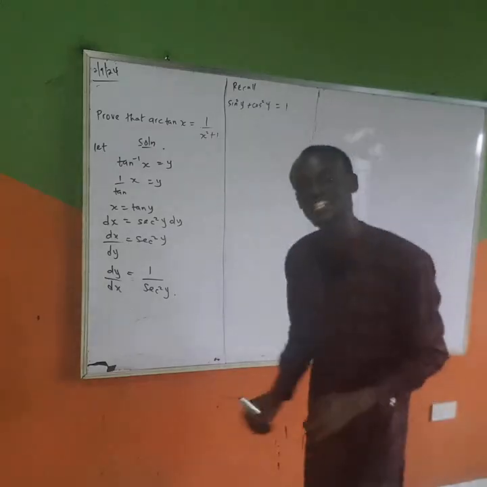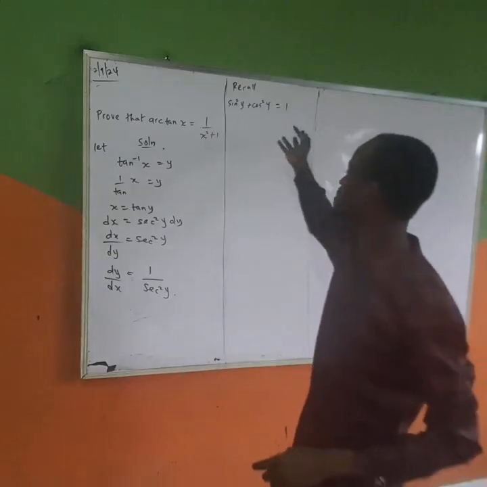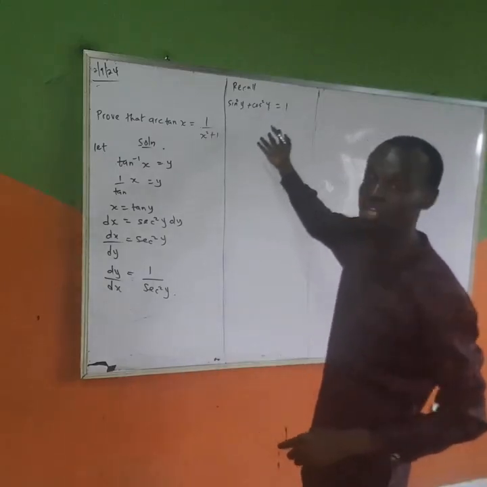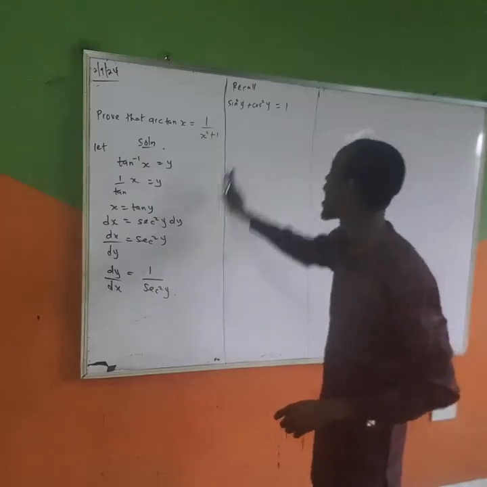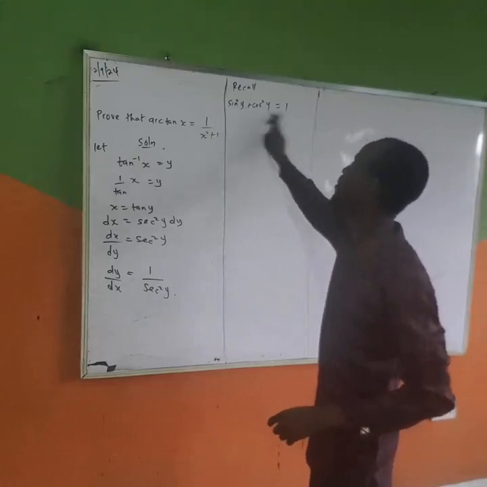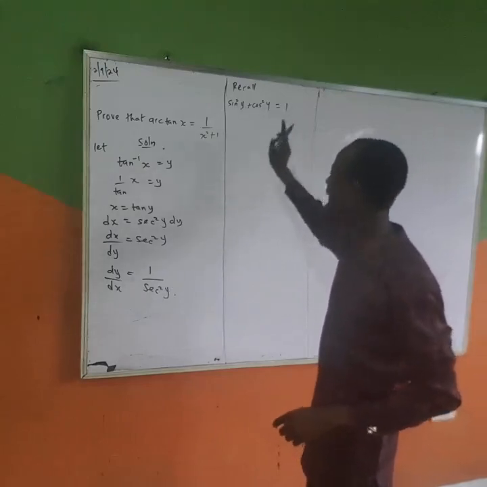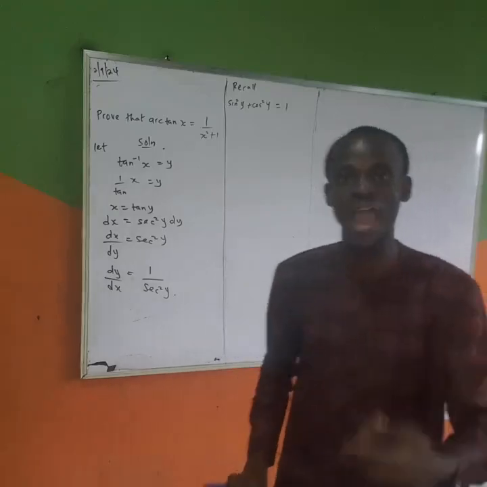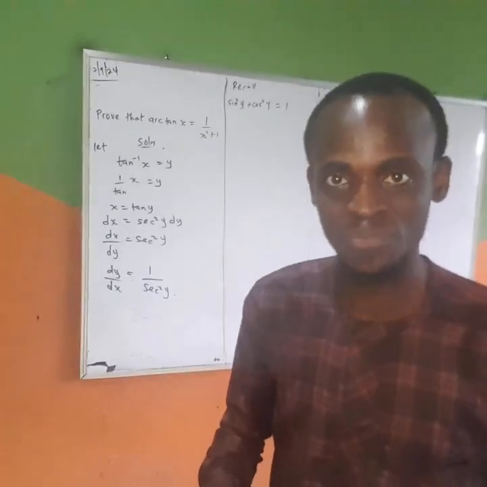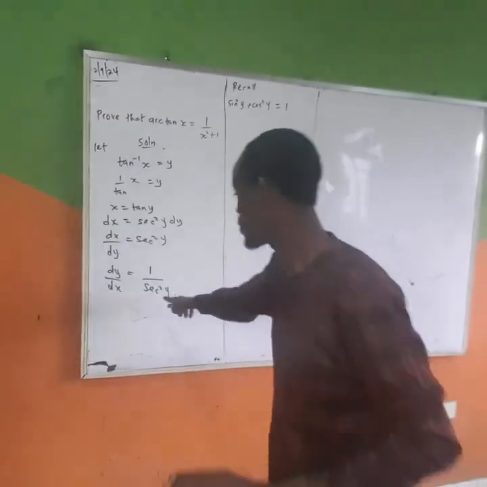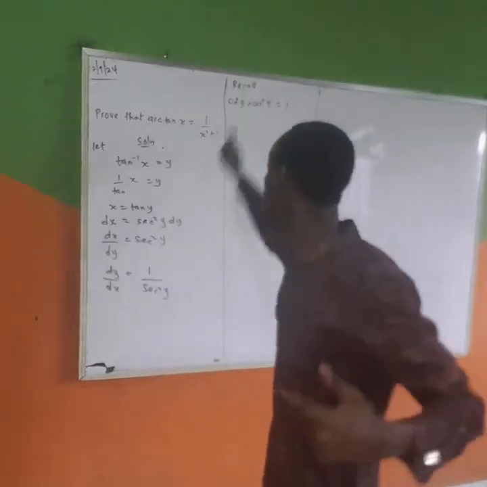But what I need is sec squared y, and I don't have it here. So for me to have sec squared y, I'll need to divide throughout by cos squared y. Why? Because the reciprocal of cos is sec.